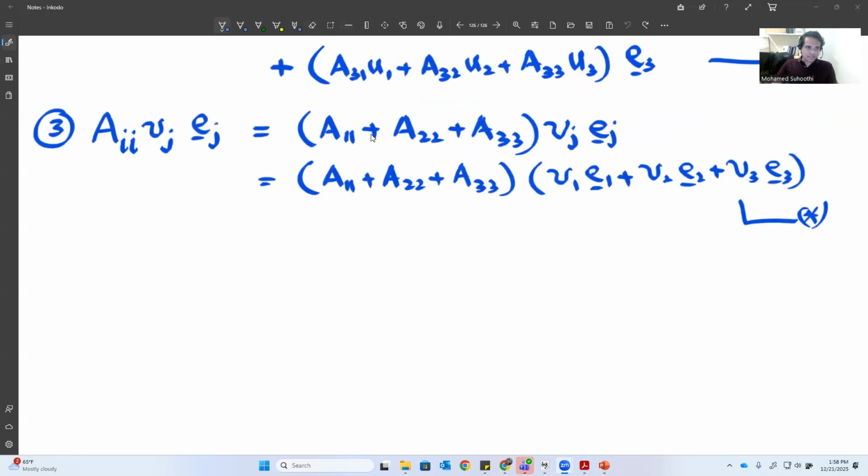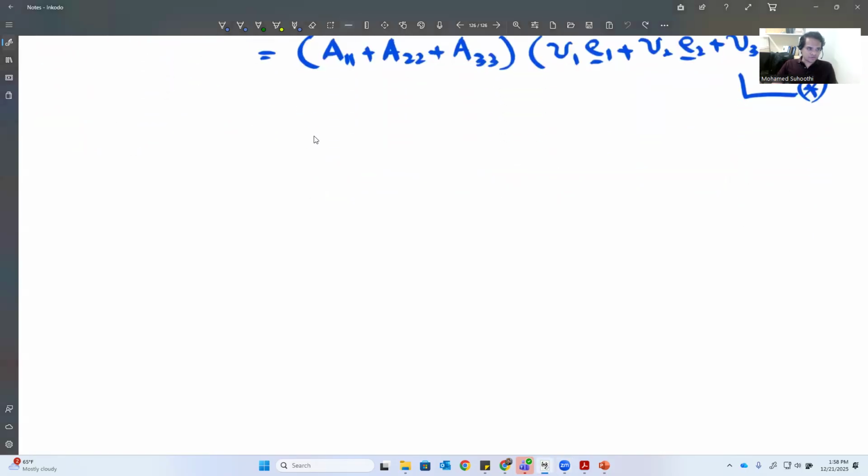So again, let me draw the vector. Let's consider a vector again, with axes x1, x2, x3.